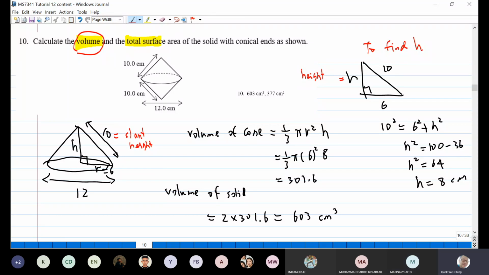Okay, so in order to find the volume of the cone, it is 1/3 pi r square times height. So you need to find the height here. So this is question 10 part 1. Okay, so copy this down. This is part 1.